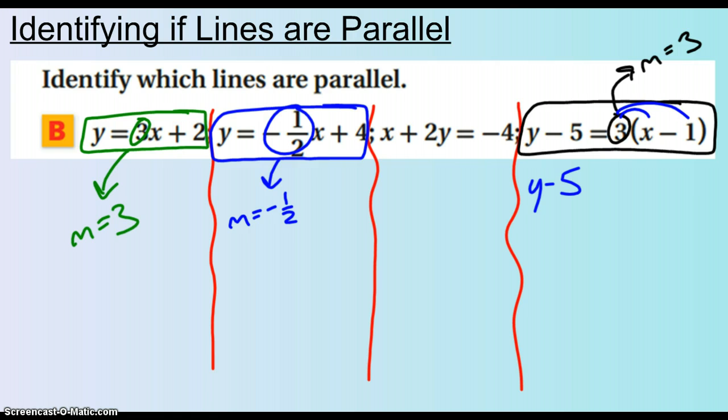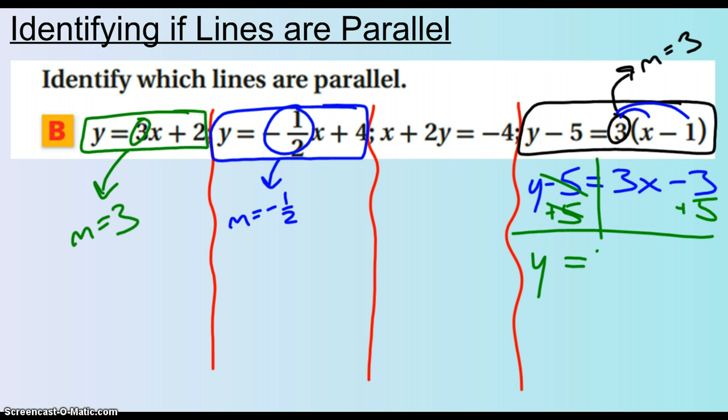So I'm going to distribute: y minus 5 equals 3x, 3 times 1 I get -3. And then I would just add 5 to both sides. And we end up getting y equals 3x plus 2, sorry. And we'll notice that actually this equation and the first equation are the same. If you ever have the same equation, they're not parallel to each other, they're just the same line. Okay, they're on top of each other. So not necessarily parallel. So we wouldn't say that they are in this case.